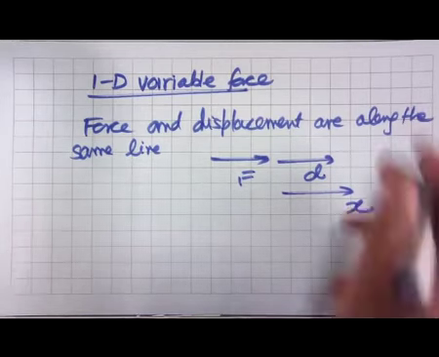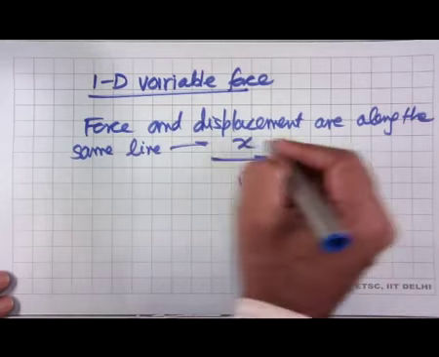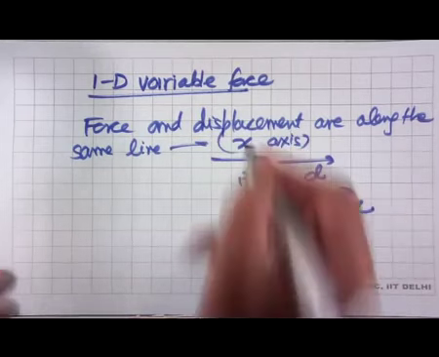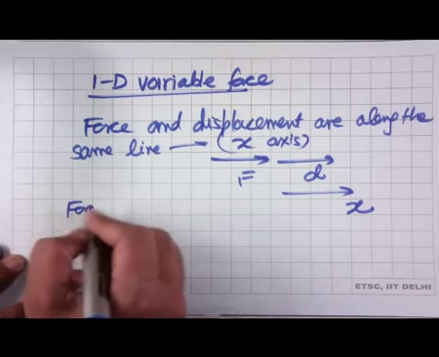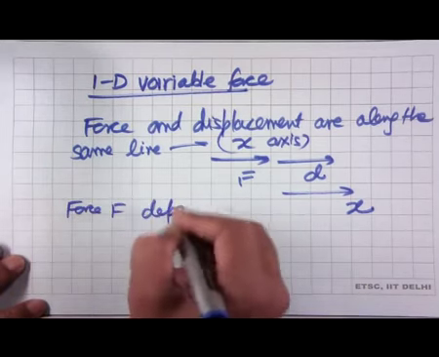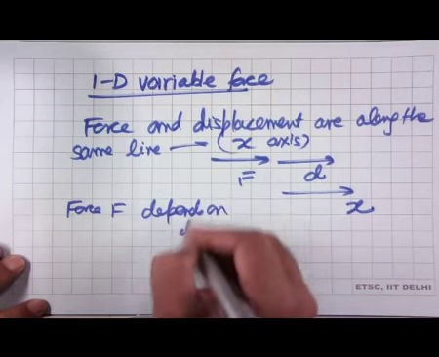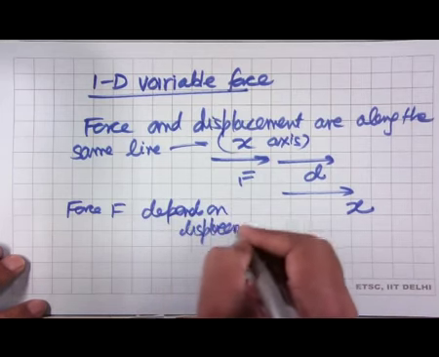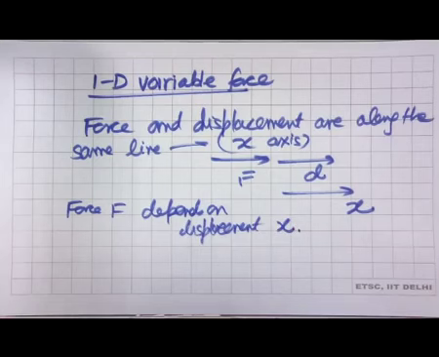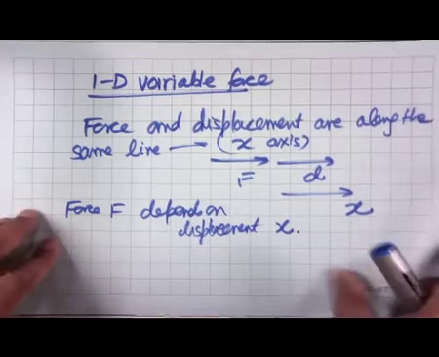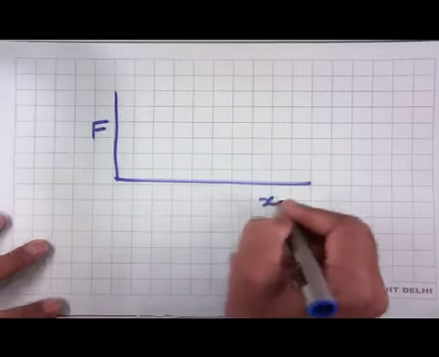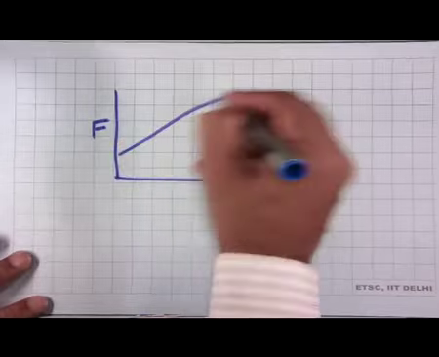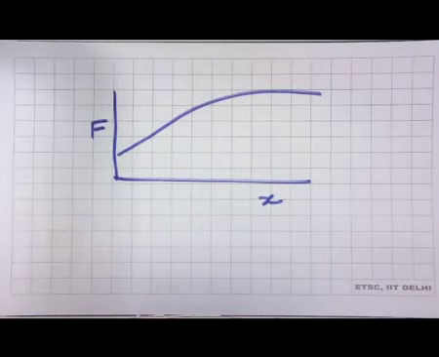So, the same line which we take as the x axis. And let us say the force F depends on the displacement, and the displacement we show as x. And this we can show in a graphical form. We have a force as a function of x, and force is varying with x.